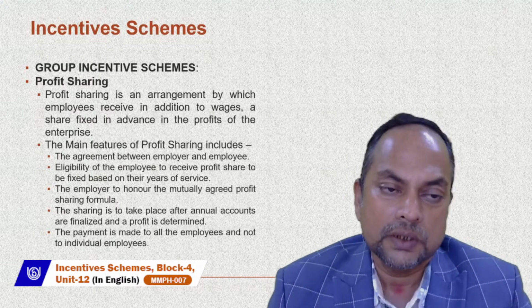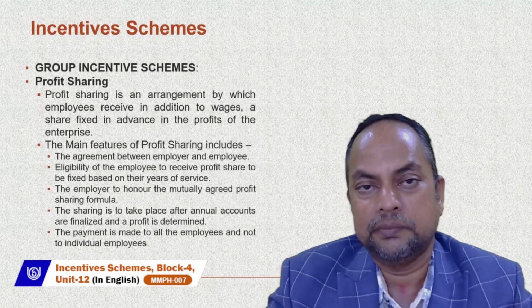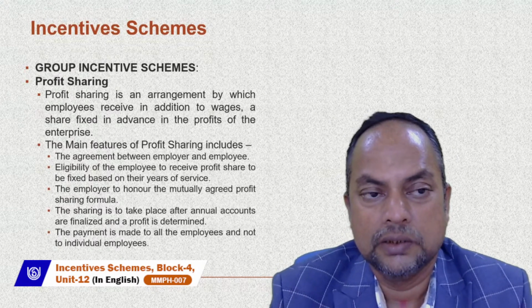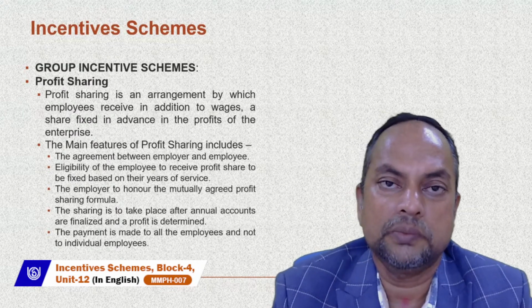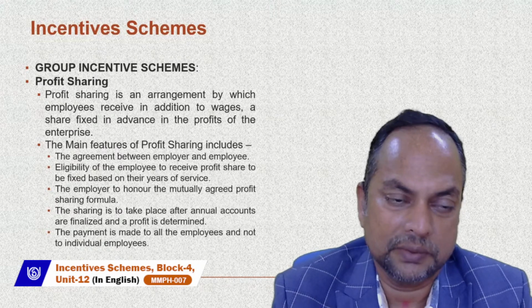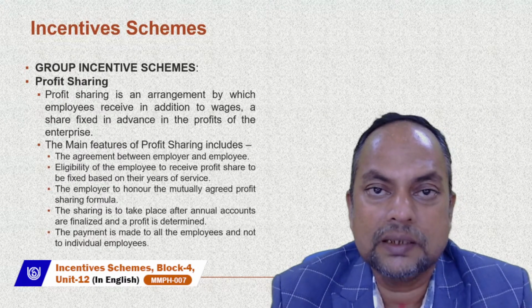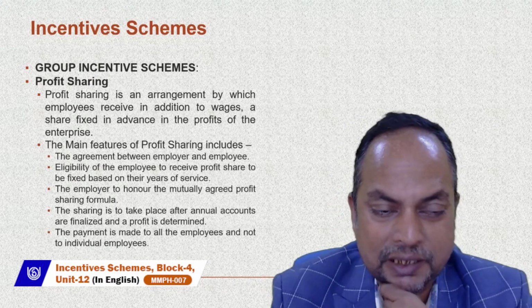So here, the profit made by the organization is shared among all the members who have contributed towards that profit maximization, right? So these are the things that you need to take into consideration for this profit sharing scheme.